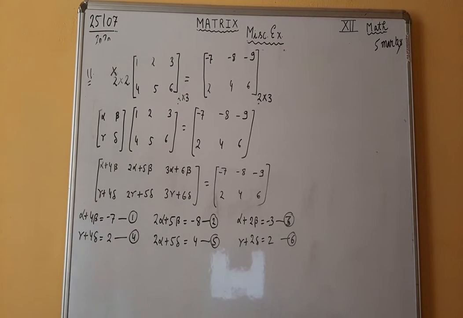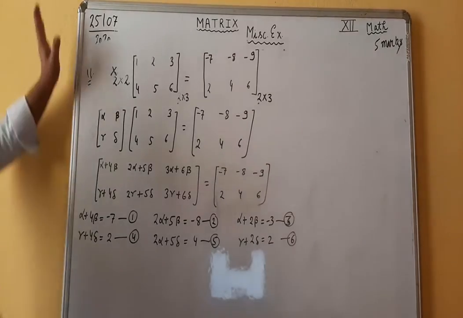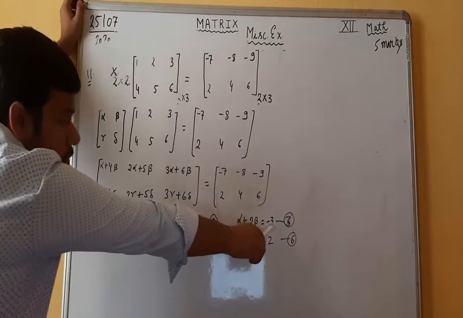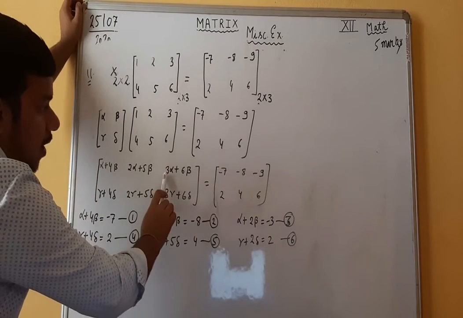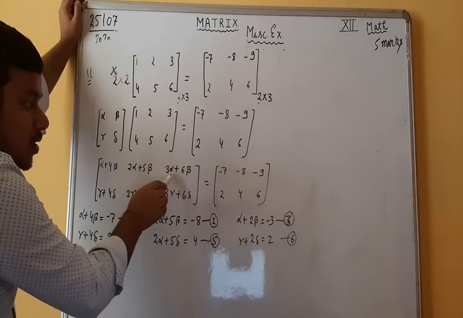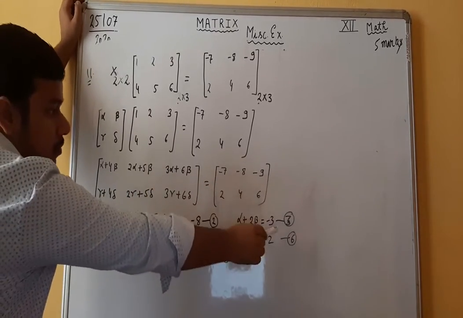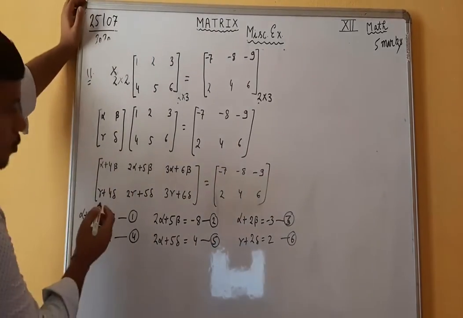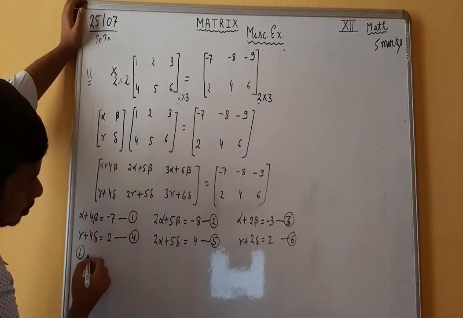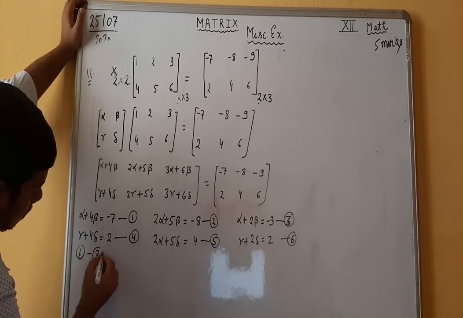In this way, you will get 6 equations and 4 unknowns. So let us solve these equations. In equations number 3 and 6, I have divided by 3. So when I divide by 3, it is alpha plus 2 beta equal to minus 3. Okay, so let us see. Let us subtract equation 3 from equation 1.